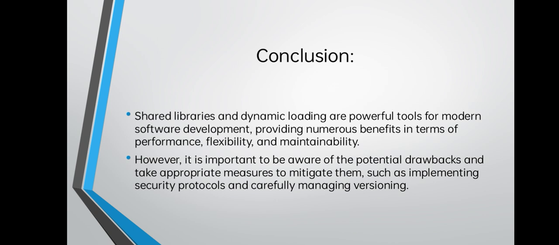The main drawbacks are versioning and loading some malicious code. So we have to keep that in mind, and we have to provide some security to it. We have to maintain some protocols to not affect the other software and applications by loading some malicious code into memory. So this should be taken into mind, and according to it the action should be taken.